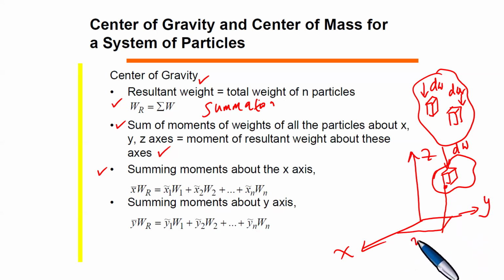This one is parallel to the y-axis. This is the y-axis. Parallel to the y-axis is called y tilde. For this individual particle, parallel to the x-axis is called x tilde, and this one is z tilde. These are the distances that allow us to determine and describe with utmost precision the actual position of the particle in space.